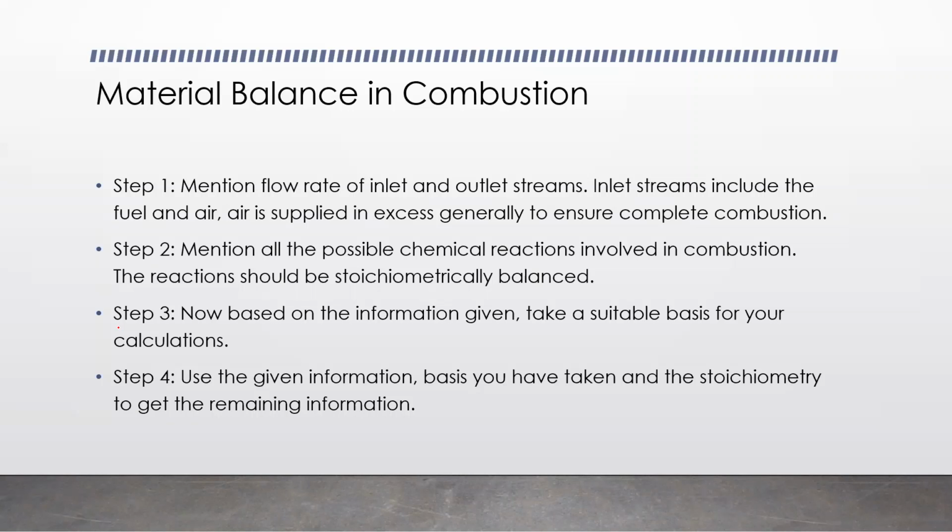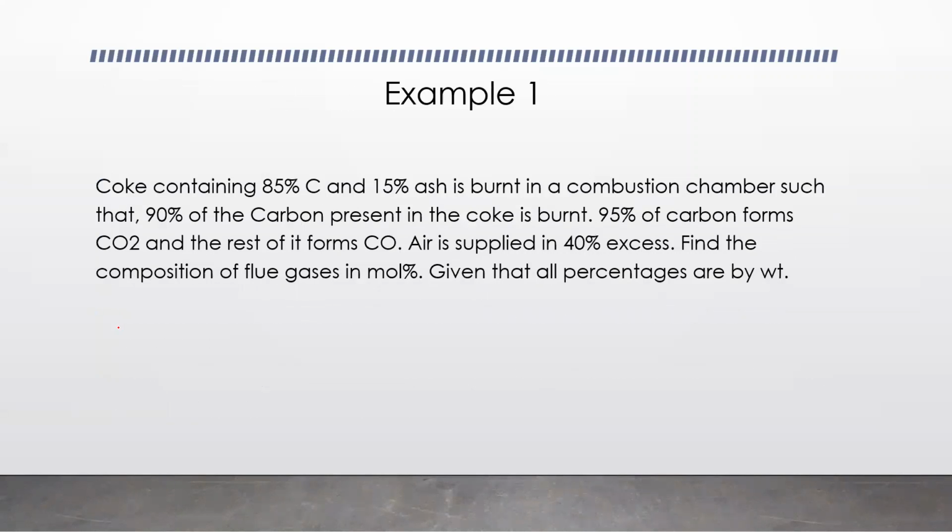All right, so we move on to the first example for combustion. Coke. Now coke is a solid fuel. Coke containing 85% carbon and 15% ash is burnt in a combustion chamber such that 90% of the carbon present in the coke is burnt. 95% of carbon forms CO2 and the rest of it forms CO. Air supplied is in 40% excess.